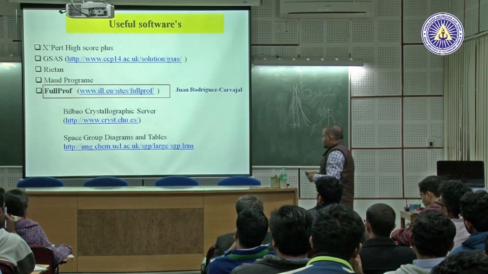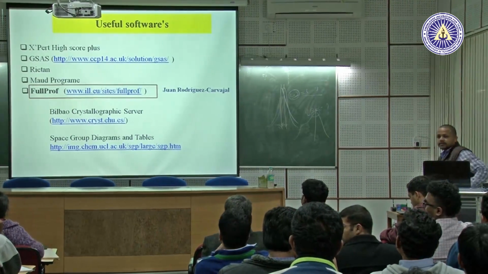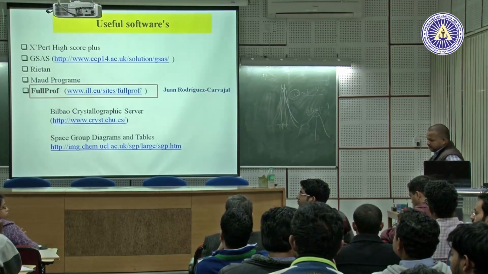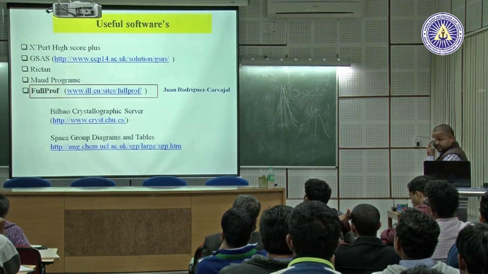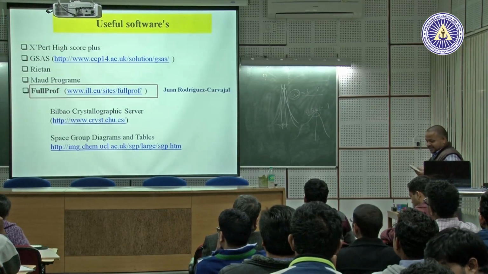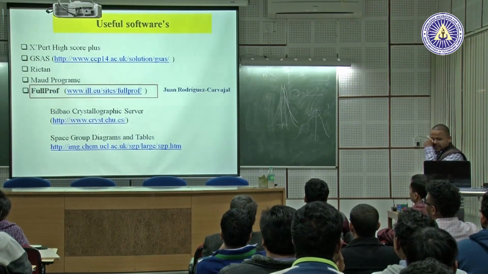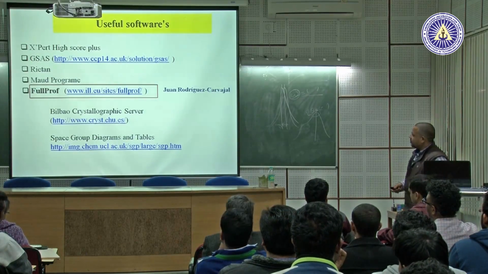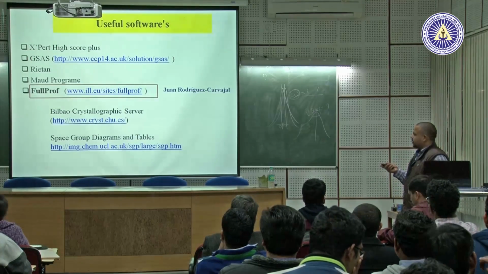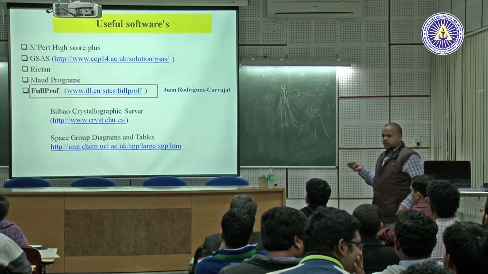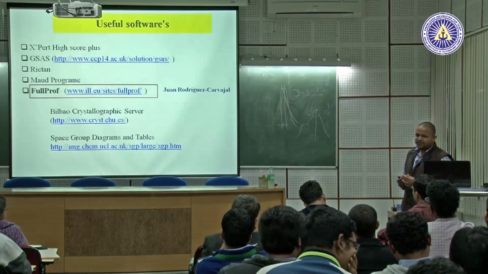FullProf is just for refining the data. What about Match? Match is also here, but it's not free. Which is free? FullProf. About Mod, I don't know, sir, but the most commercially used is FullProf, so now I will tell just about FullProf.